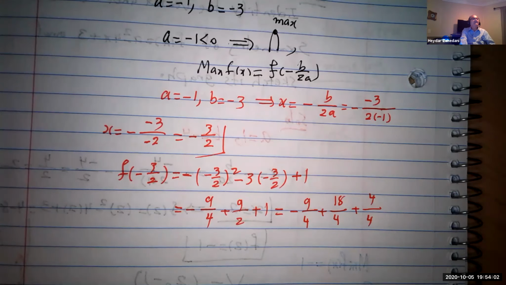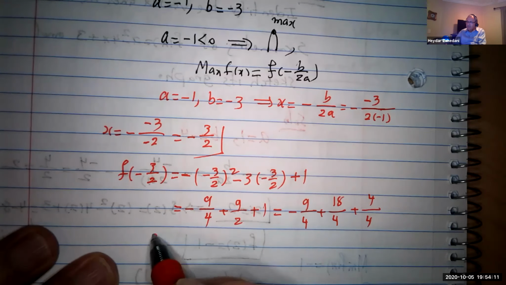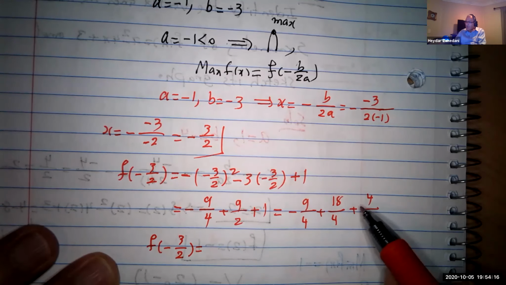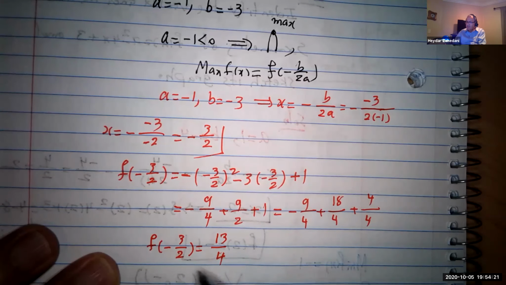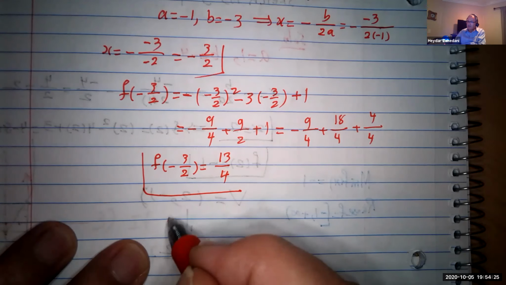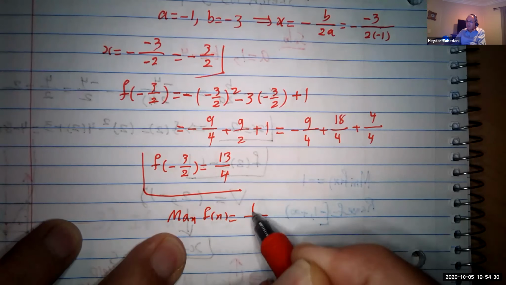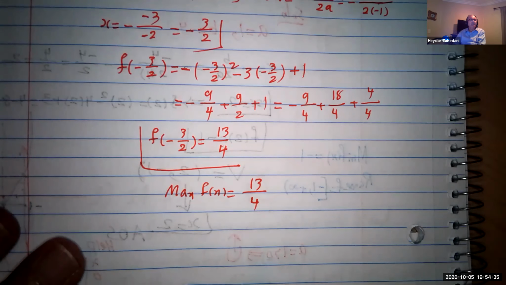What I have is a positive 9, 13, over 4. So f of -3/2 is equal to 13/4. So this would be the maximum. The maximum value of the function is going to be 13/4. This is the largest value of your function.